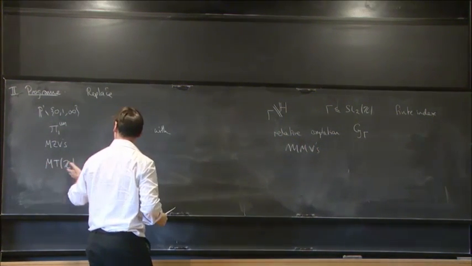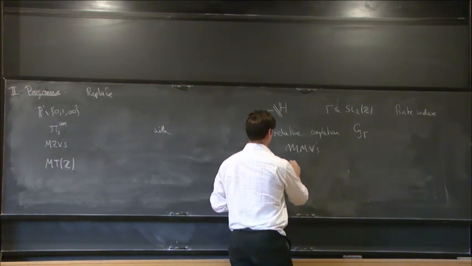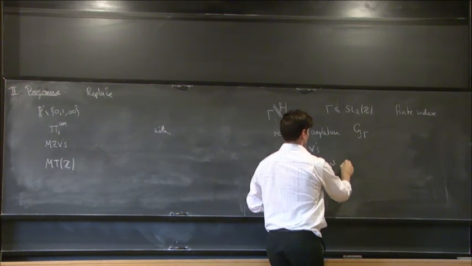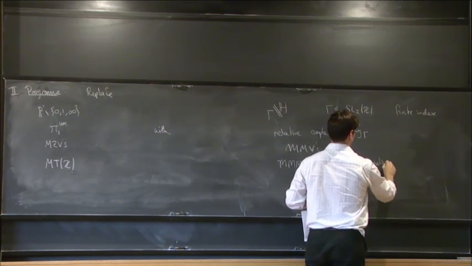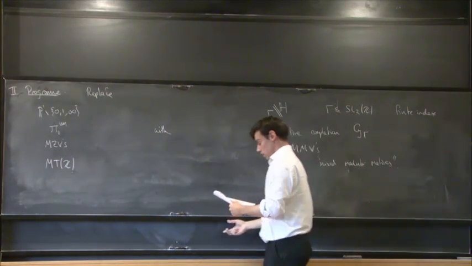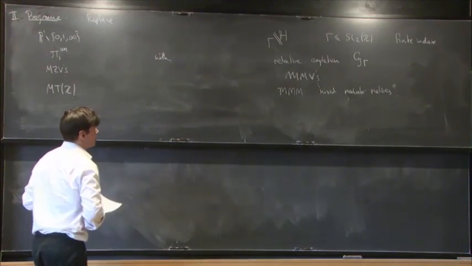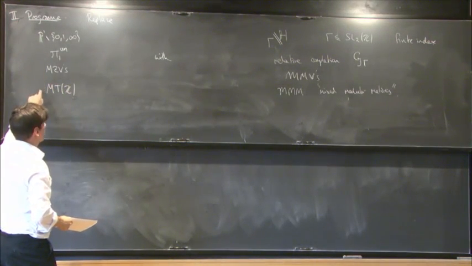And MTZ, well, here we have to pay a heavy price. There should be a category of mixed modular motives. I have no idea what such a thing should be. But we want to construct lots of examples of such objects. And we should bear in mind, of course, that when P1 minus 3 points was done, the category MTZ didn't exist at the time.